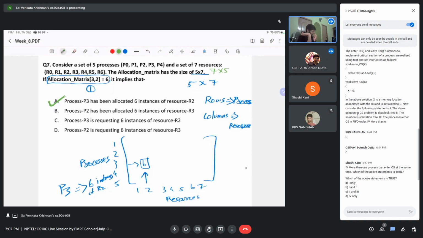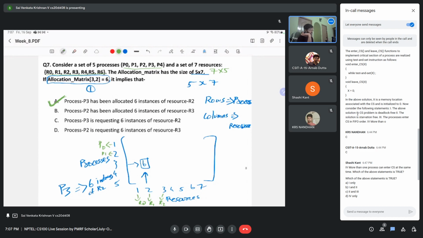In the question they have mentioned P0, P1, but the indexing they have followed is from 1 to 3 only. So this one is for R0, this is for R1, this is for R2, and this is for P0, P1.